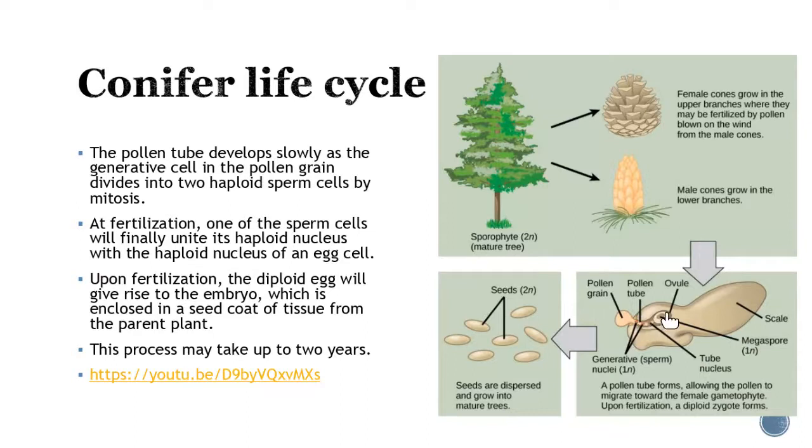At fertilization, the sperm and the ovule are going to unite with the haploid nucleus, and it's going to form the diploid cell. And eventually that diploid will lead to the actual seeds, which are 2N right there. Now this process can take up to 2 years, so it's like plants take a long time.